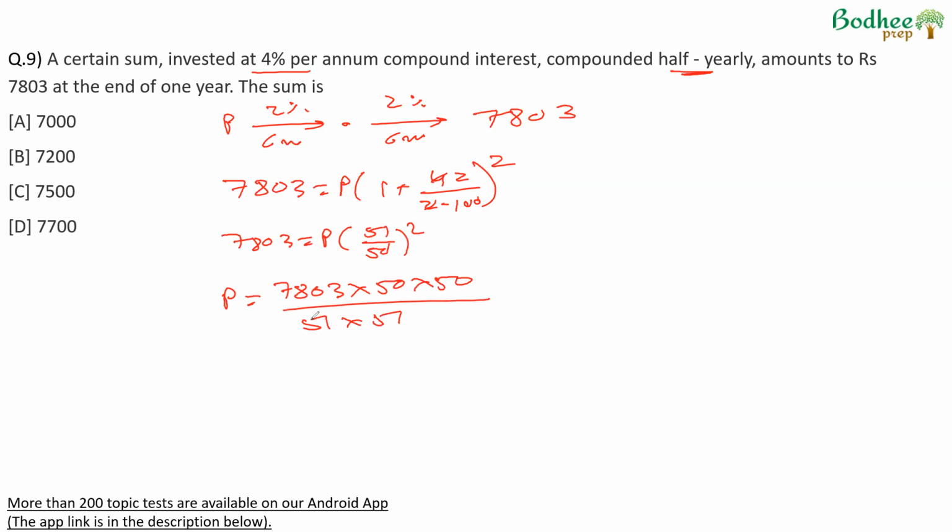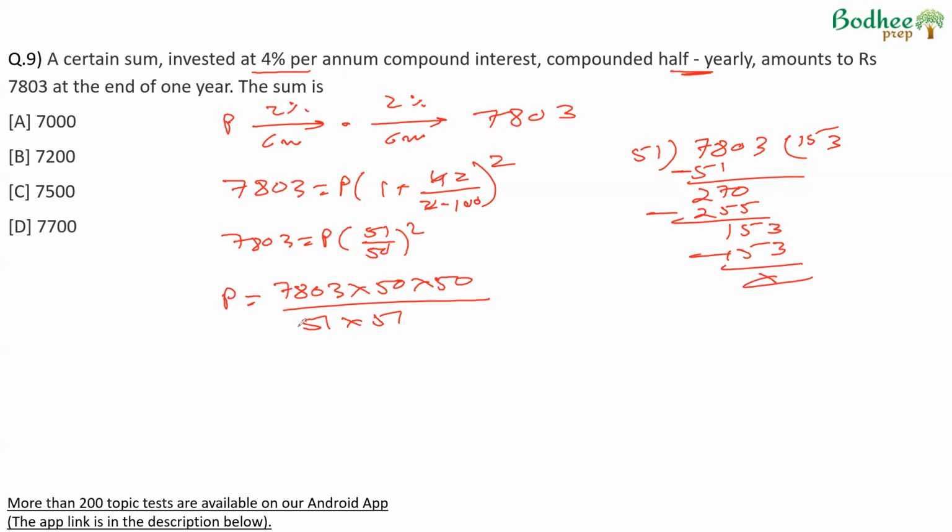Dividing 7803 by 51, hoping we get an answer. 51 7803, because all the options are integral, so I'm trying. 51 ones are 51, 5s are 255. This will be 153. 3s are 153.